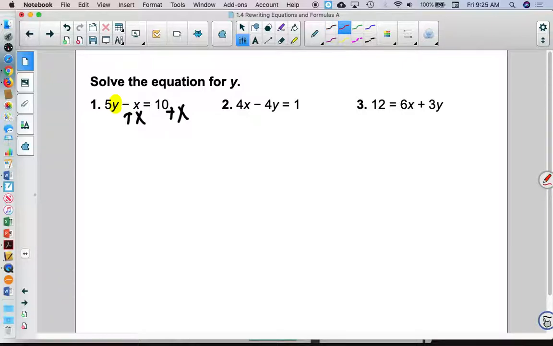Okay? When I do that, this one cancels out. Do you agree? Leaving 5y equals x plus 10. Do you agree with that? Okay. What do I do next?